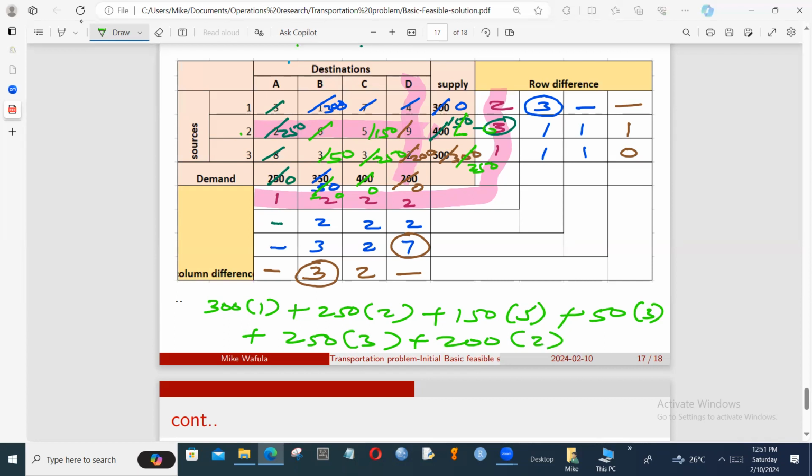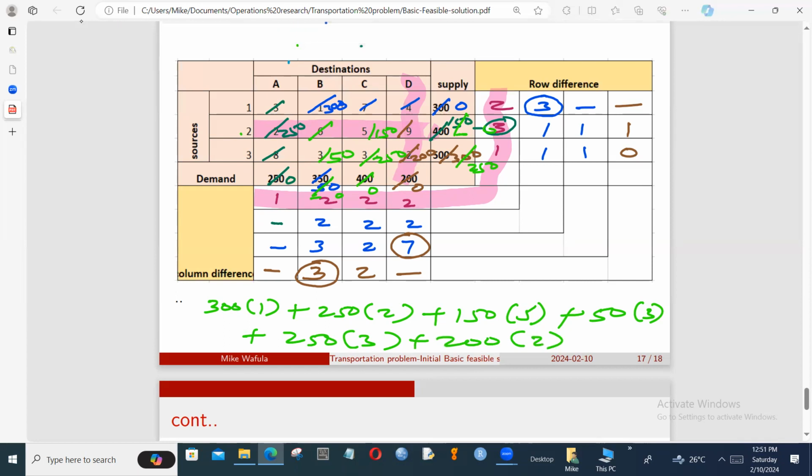So that's what we sum to give us the basic initial feasible solution. So if we sum that, gives us what?